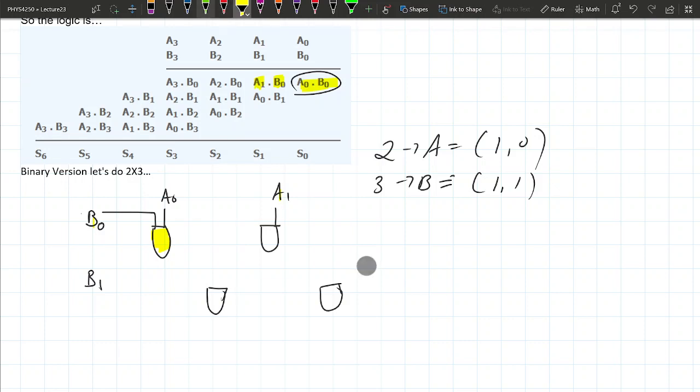So what I'm going to do is have this wire hop over, unfortunately it kind of looks bad, and then also connect to this other AND gate here. And then we do the same thing for row number 2, right down here. I'm going to connect my B0 to my first AND gate, and then it's going to hop over whatever that input is and go to the second AND gate also.